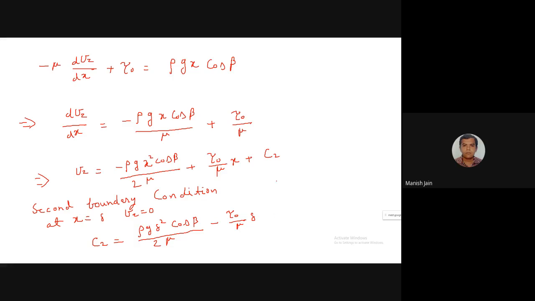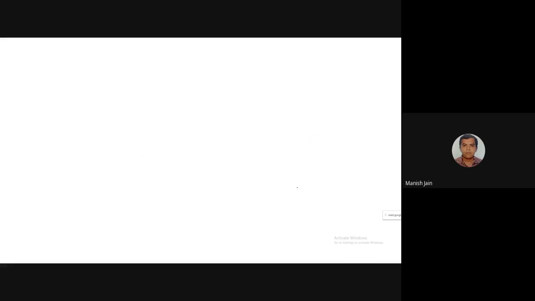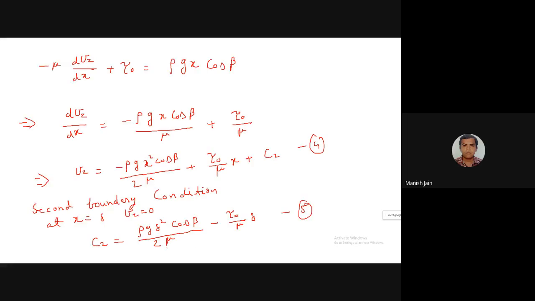Okay, now this is equation number 4, this is equation number 5. Now substitute equation number 5 in 4. So you have to substitute the value of c2 from there.